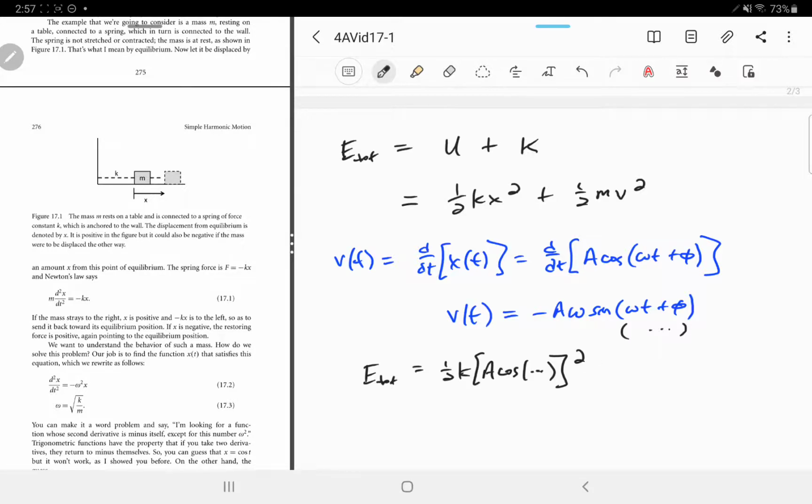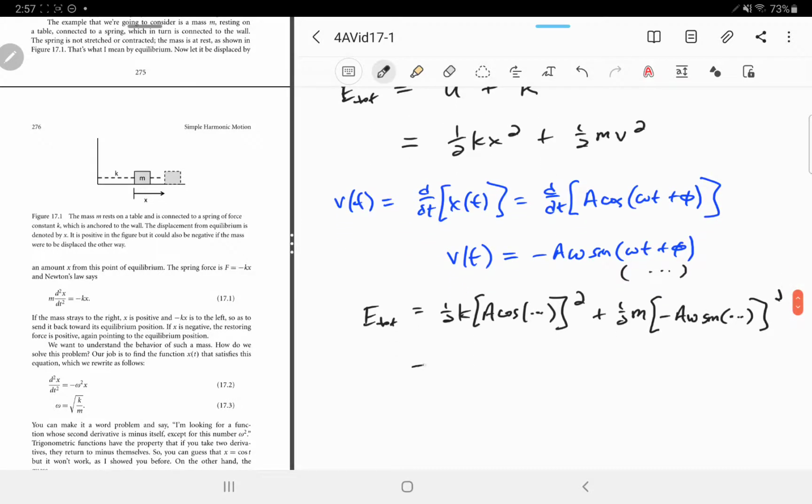Okay, so that's the potential energy, and then 1/2 mv squared. This is minus a omega sine squared. So this is 1/2 k a squared cosine squared plus 1/2 m omega squared a squared sine squared.